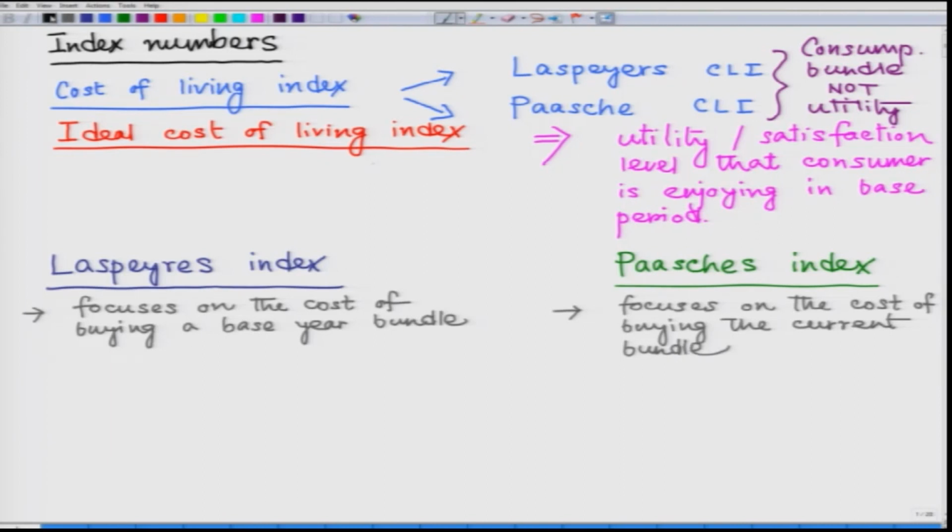Now, the mathematical formula for the Laspeyres cost of living index, given by L, is the following.